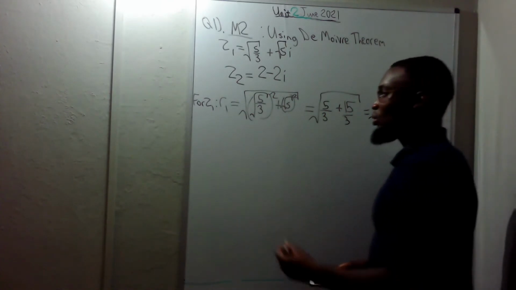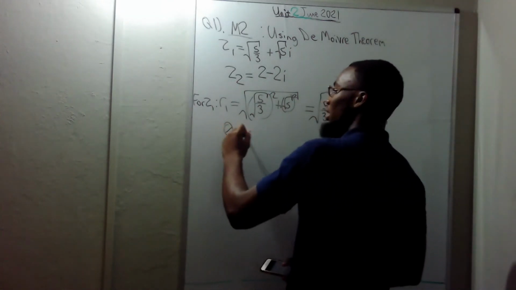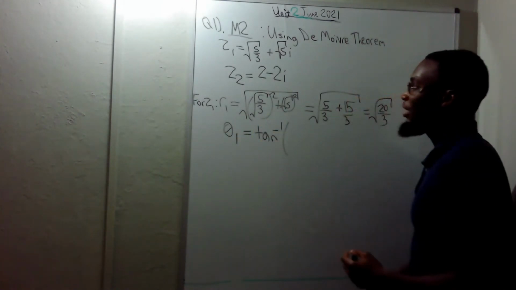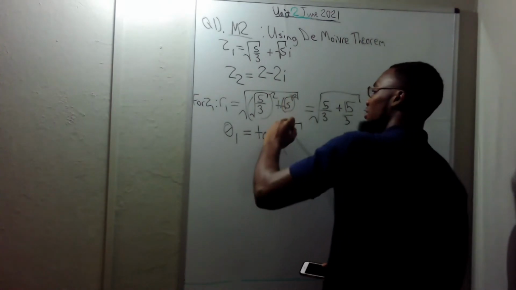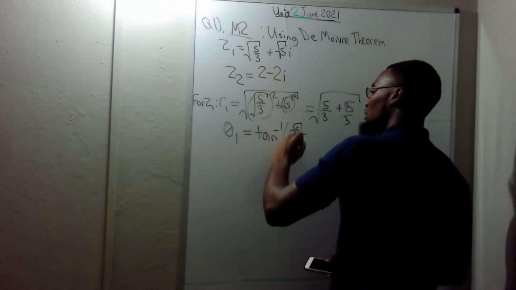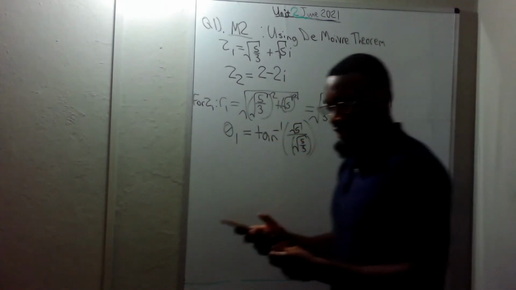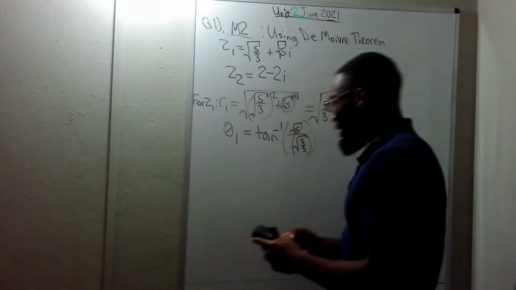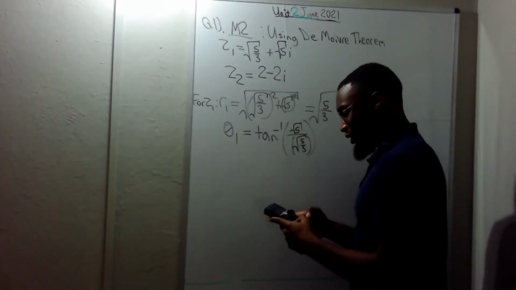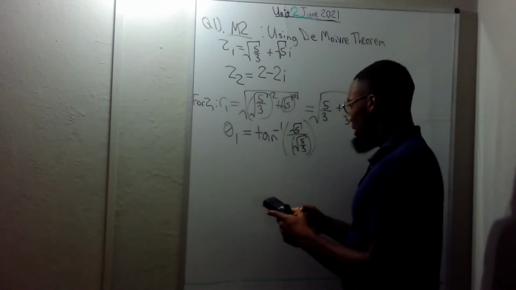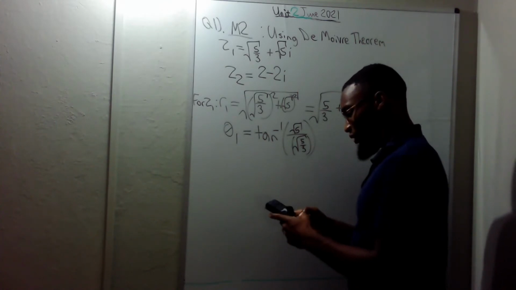Now clearly, z1 is in the first quadrant. Since z1 is in the first quadrant, we can say theta 1 is equal to tan inverse of b over a. So it's tan inverse of root 5 over root 5 over 3. You put that in your calculator. Root 5 divided by the root of 5 over 3.